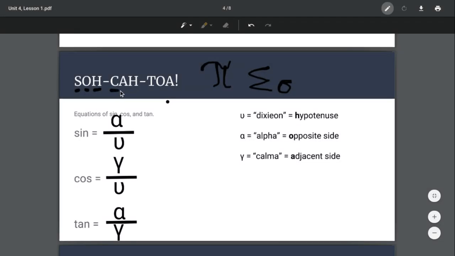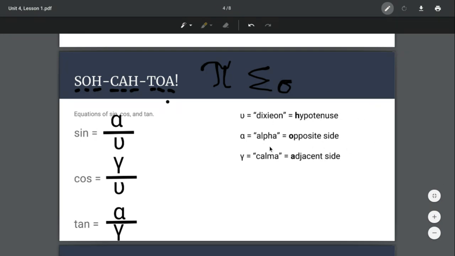So cosine is adjacent over hypotenuse. And then tangent will be alpha over gamma, which is tangent: opposite over adjacent.